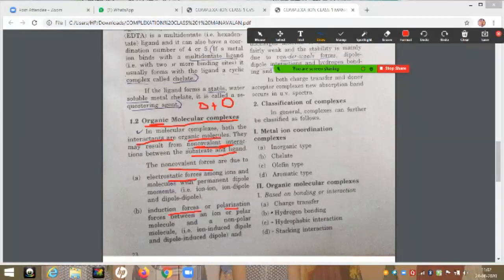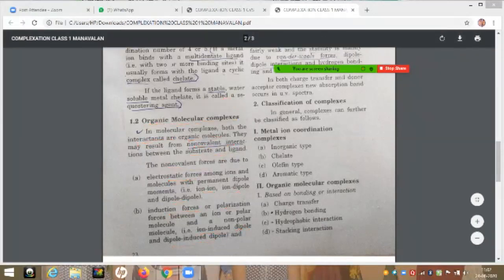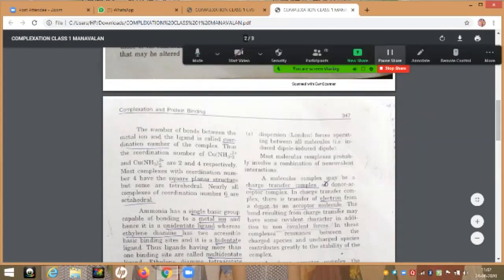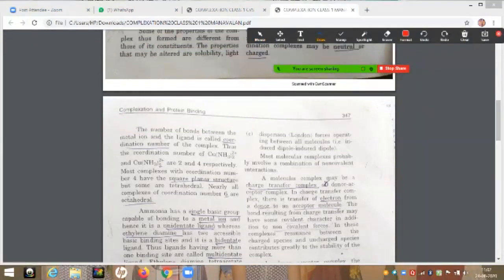See here, it may be because of ion-ion interaction, ion-dipole or dipole-dipole, or ion-induced dipole and dipole-induced dipole, or because of dispersion forces or London forces, that is, induced dipole interaction.